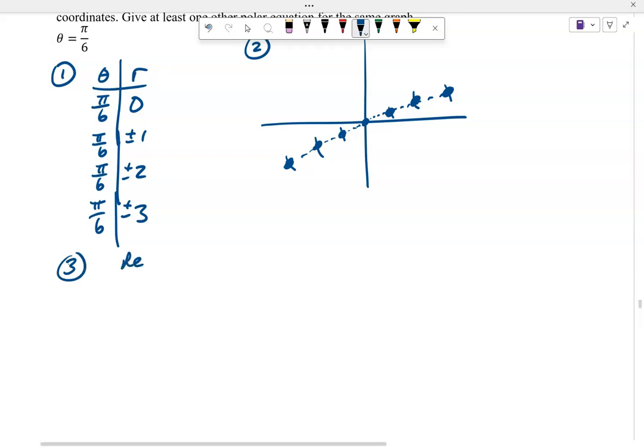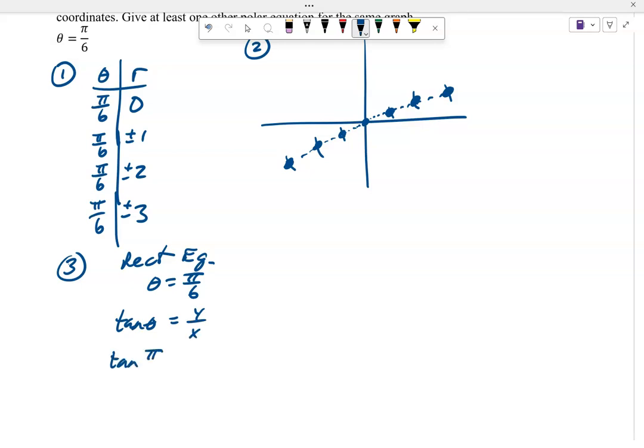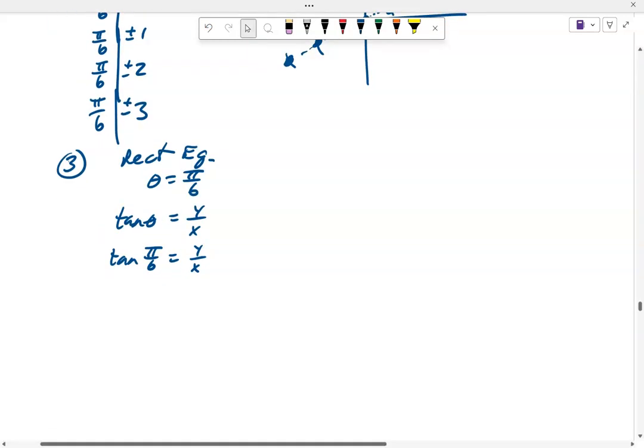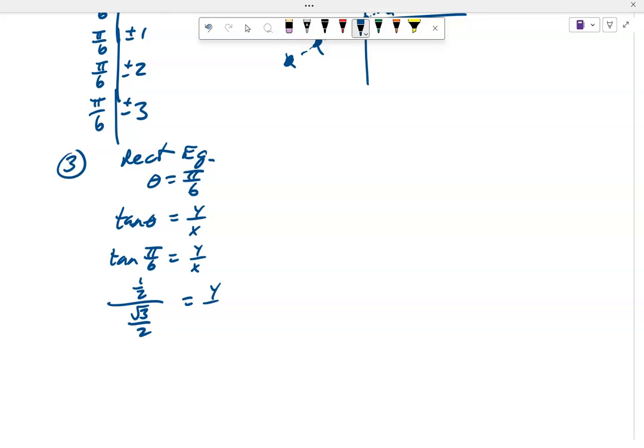So convert to rectangular equation here, with theta being pi 6. I know the tangent of theta is y over x. So I get the tangent of pi 6 is y over x. So that's 1/2 over root 3 over 2. Sine of pi 6 is half. Cosine of pi 6 is root 3 over 2.